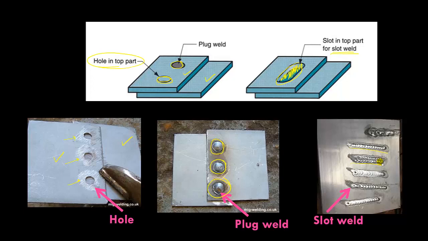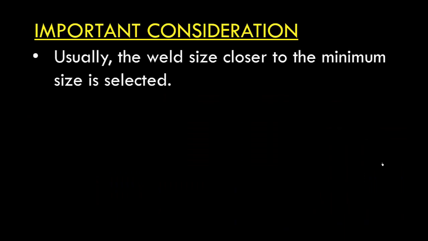So now we have discussed all four kinds of weld, that is fillet weld, groove weld, slot weld and plug weld. Now an important consideration when we are doing welding is that usually the weld size closer to the minimum size is selected. What is this? Let's say I am welding this plate and this plate, then I have to do this welding. This is the welded portion, that is the welding material, of course, in this case.